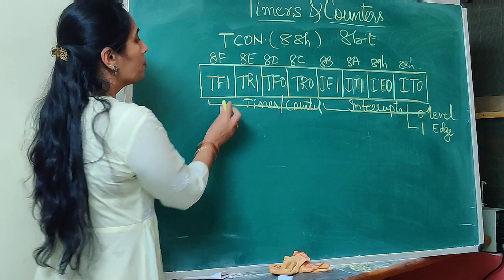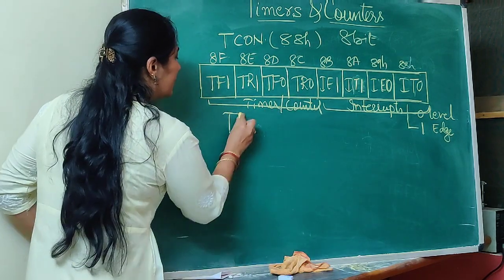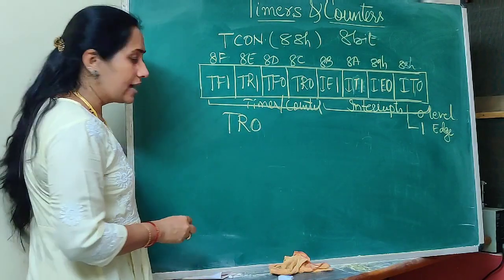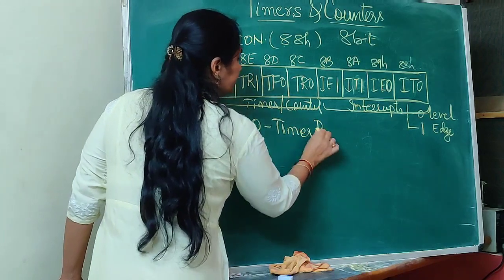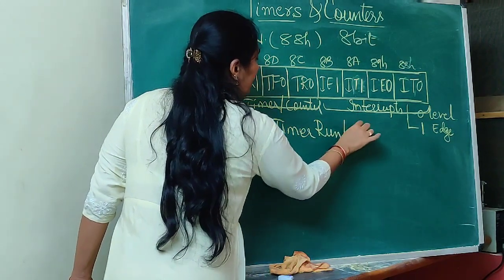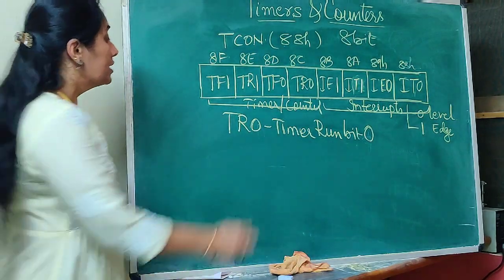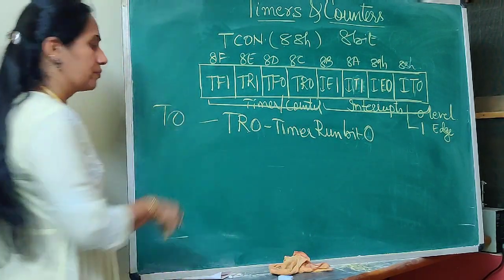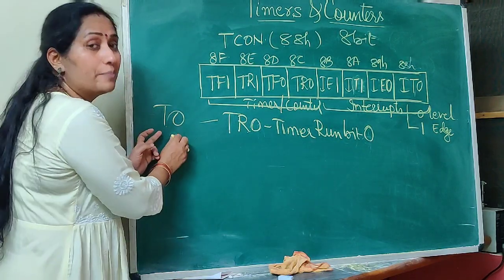You can see over here, you are going to have 4 bits, wherein TR0 is the timer run bit 0. This is for timer 0. This particular bit is meant for timer 0.